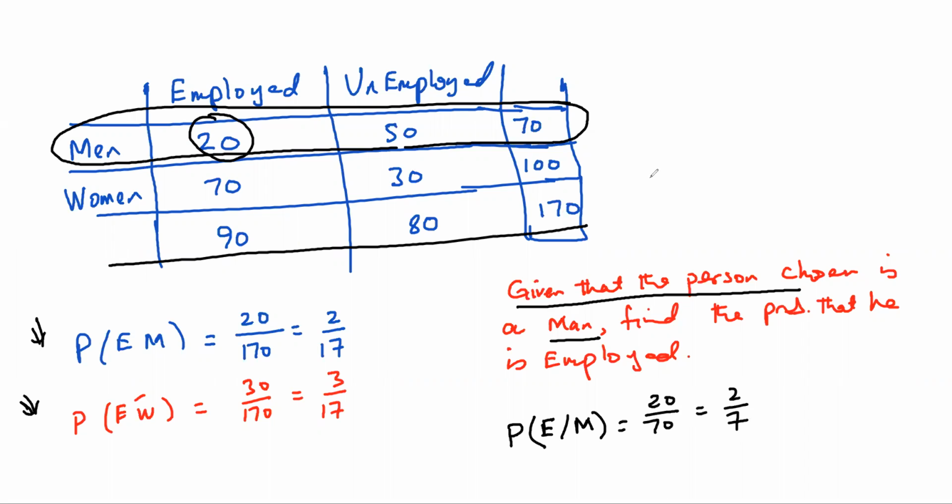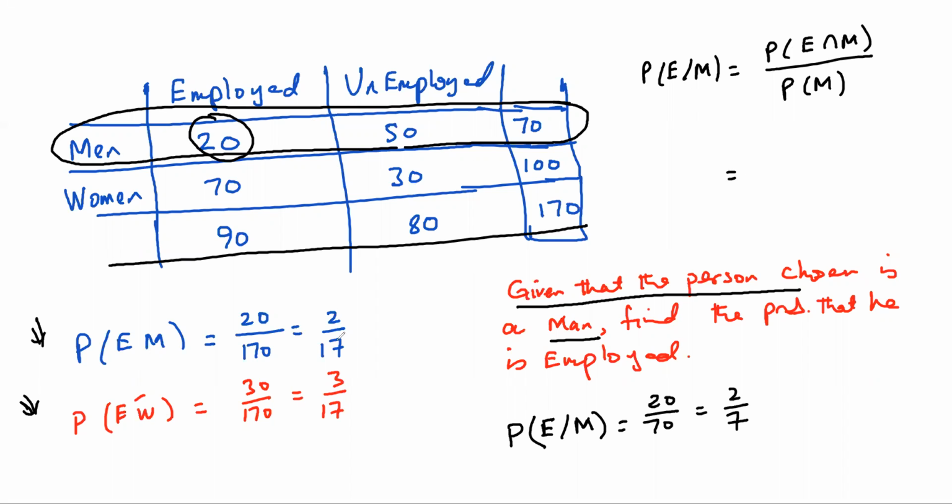If I use a formula for this, the formula says the probability of finding E given M is going to be the probability of E and M over the probability of M. Now look at this, you will get the same answer. What's the probability from all of this population of getting a person who's employed and male? We have already got that.